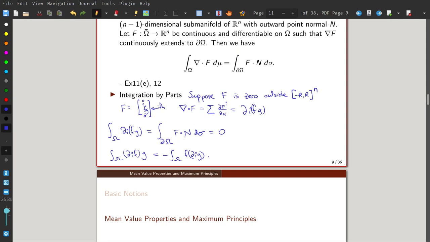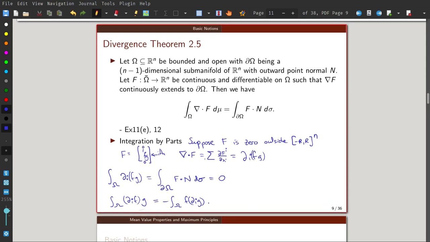But if it's 0 on all sides of the box, which is often the case, for example, when we have functions of compact support, we can always put them inside some box. Then we have this integration by parts formula that follows from the divergence theorem. Okay.